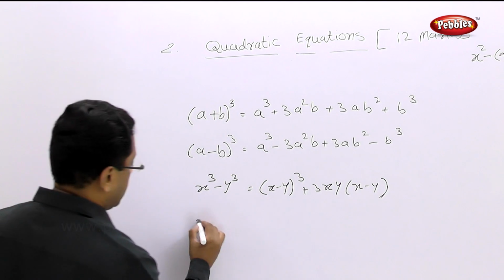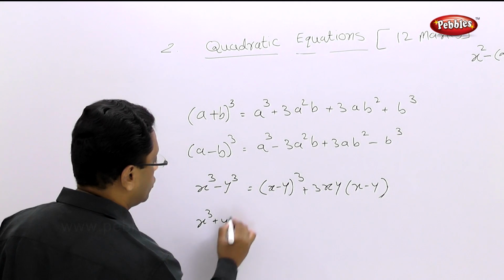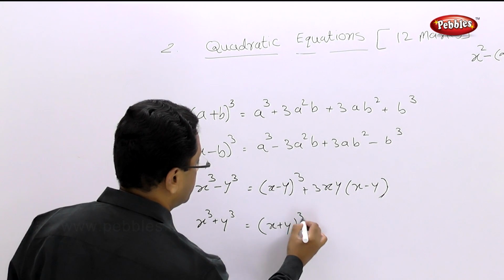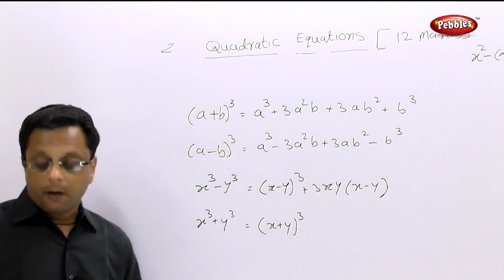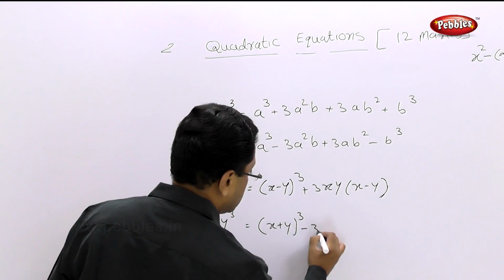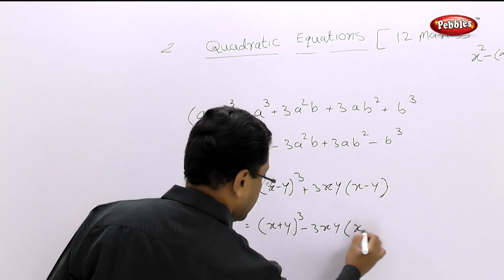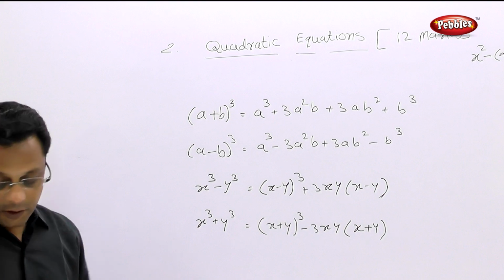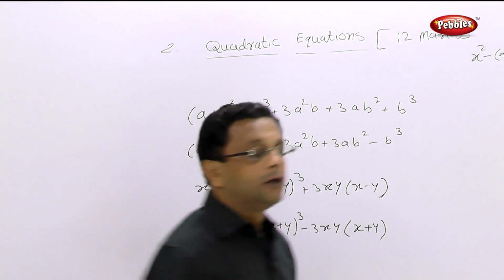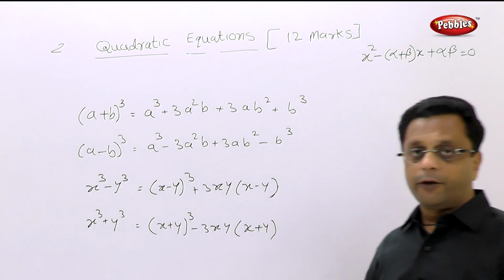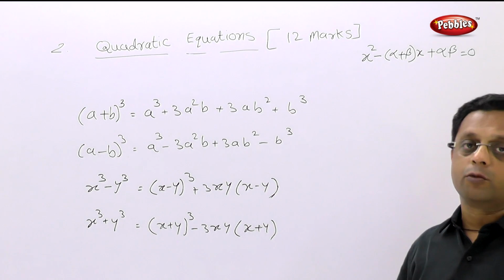And if x cube plus y cube comes, it is (x plus y) cube minus 3xy (x plus y). हे दोन्ही फॉर्म्युले इम्पॉर्टंट आहेत, ते लिहून ठेवा. Let us pause your video and write down these formulas in your notebook.